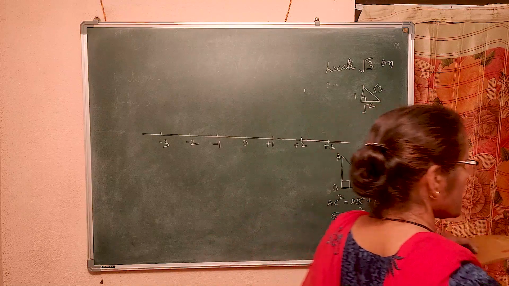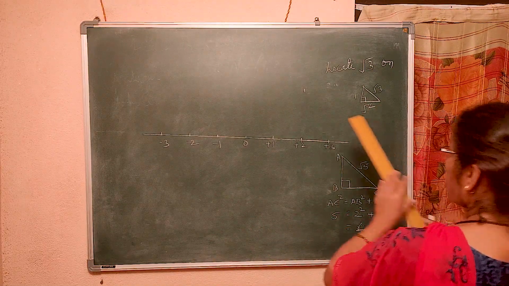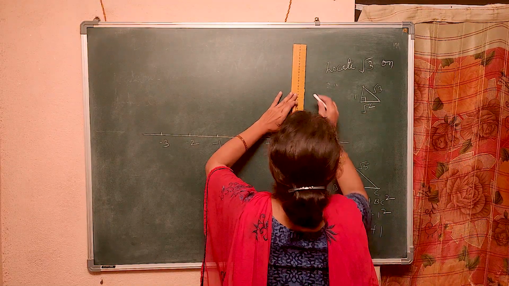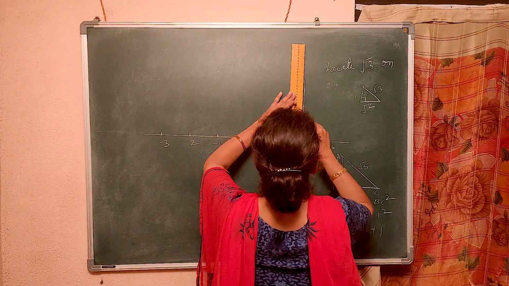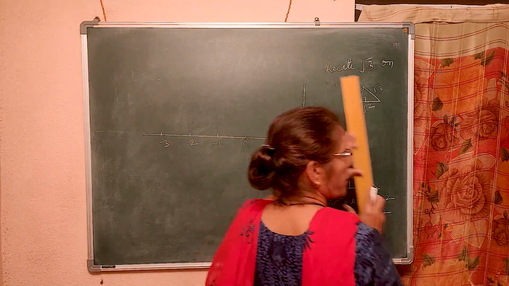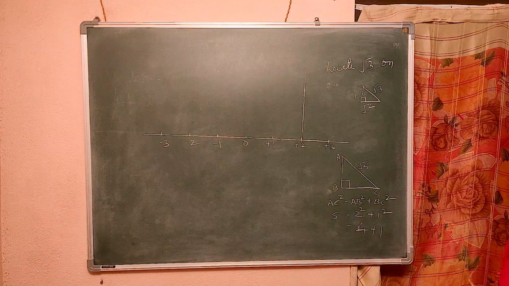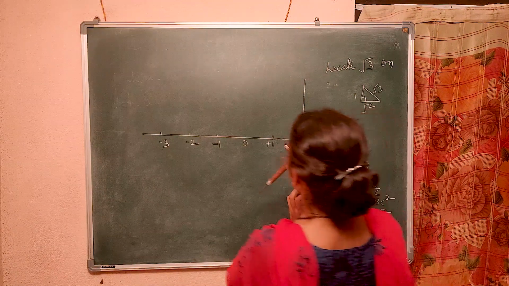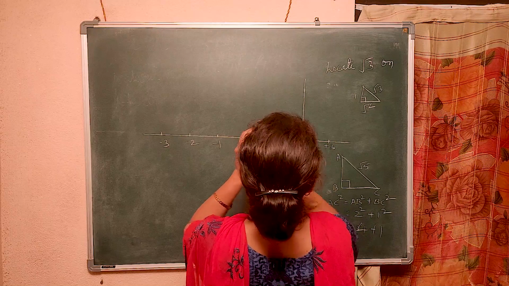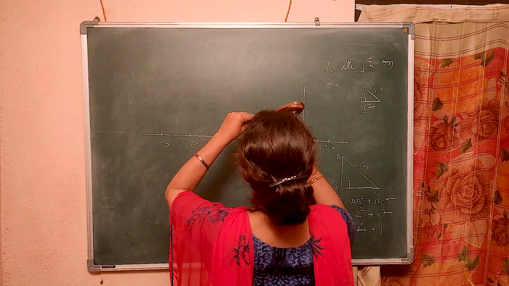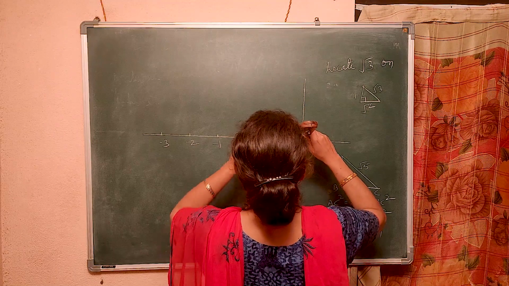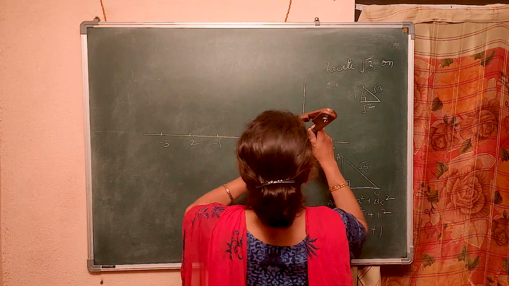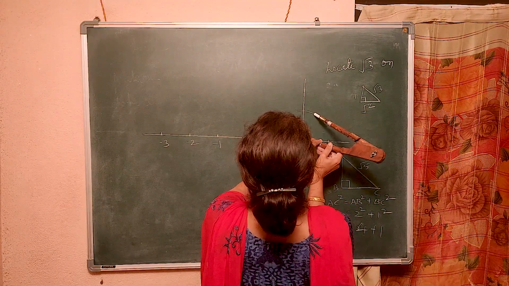Now, you have to take a compass and mark 1 unit. From here to here 1 unit, right? From here 1 unit. If you mark, it should be exactly 1 unit, right?